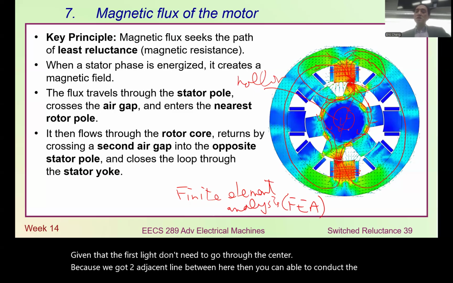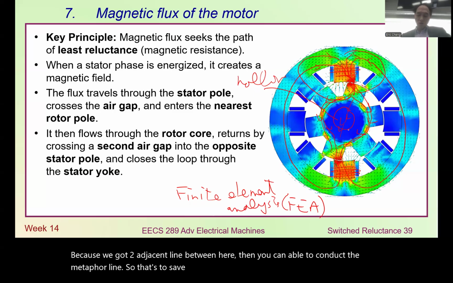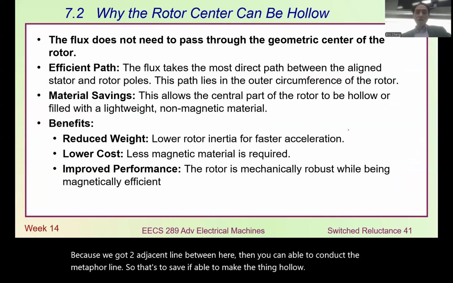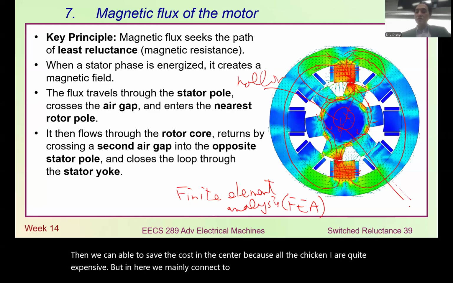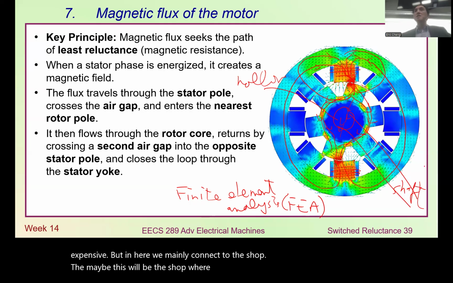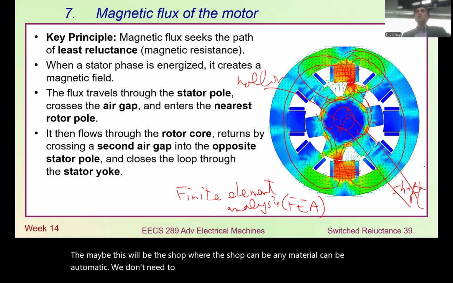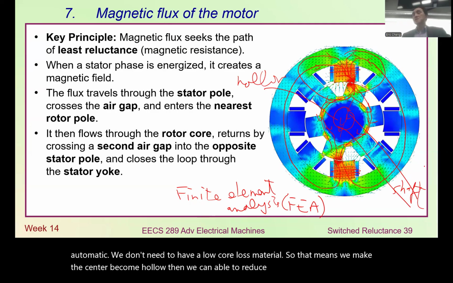So if we make it hollow, we can save cost in the center, because silicon iron is quite expensive. Here we mainly connect to the shaft. The shaft can be any material, even non-magnetic. We don't need a low core loss material. So we can make the center hollow and reduce the cost.